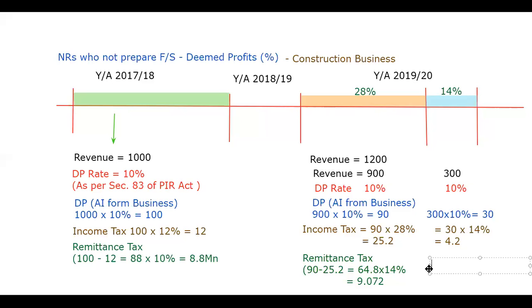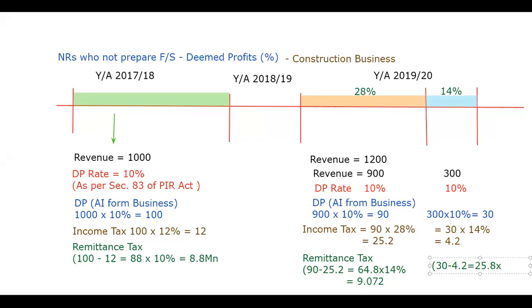For the 30 million tax amount, you can deduct the income tax paid, and the balance amount is 25.8.